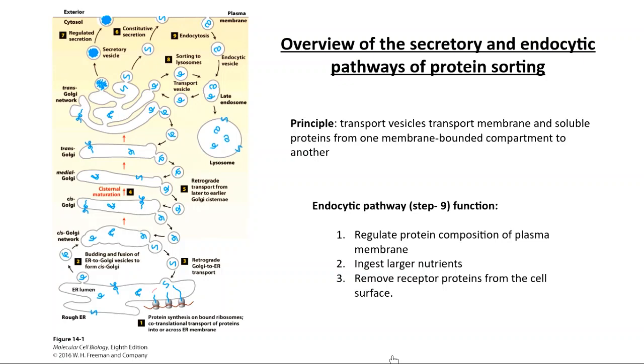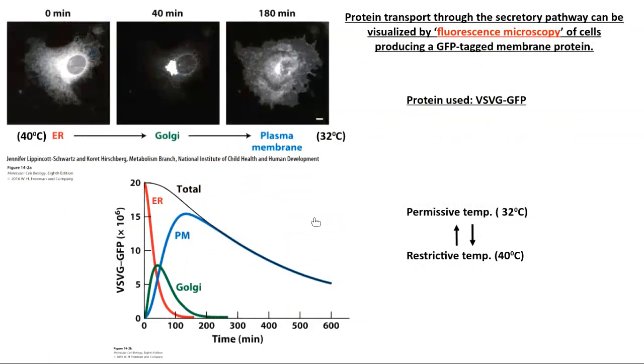Let's now talk specifically about the secretory pathway of protein sorting. For that, remember we mentioned three techniques. So let's see this first technique. Protein transport through the secretory pathway can be visualized by fluorescence microscopy of cells producing a GFP tagged membrane protein.